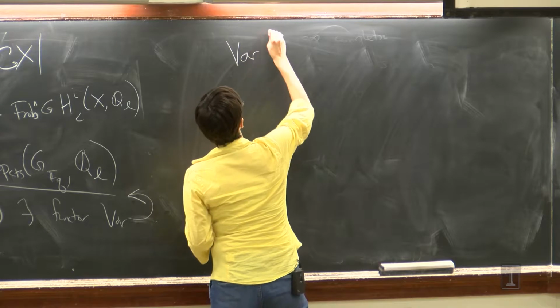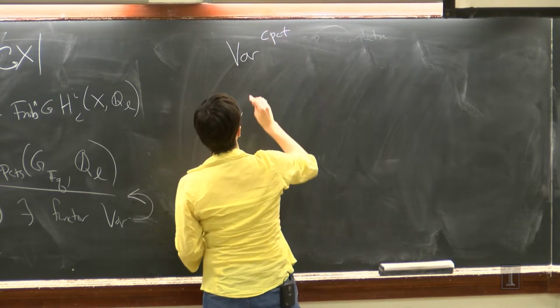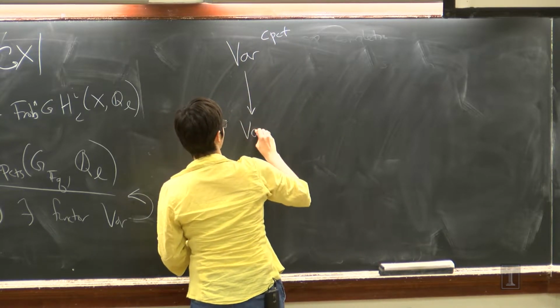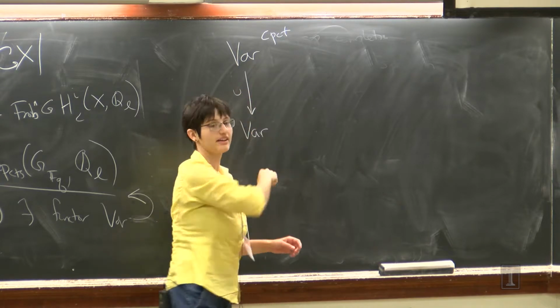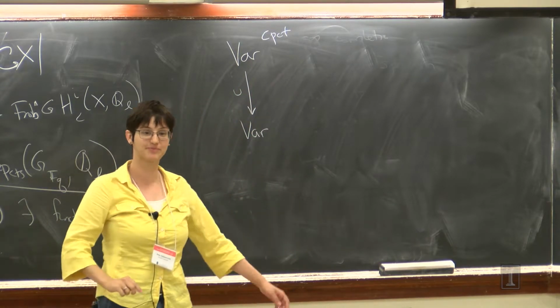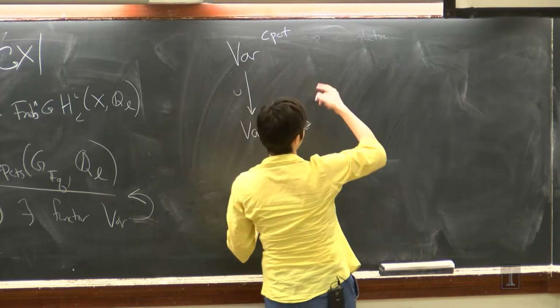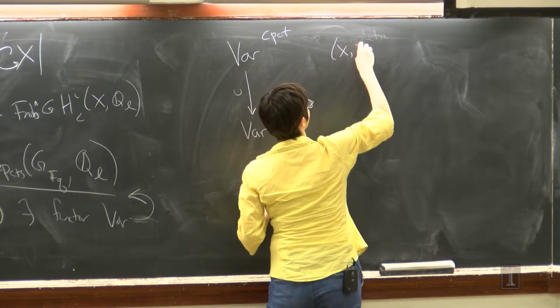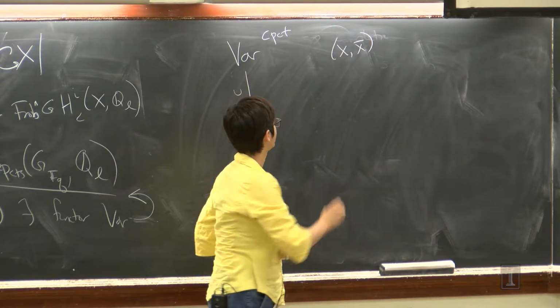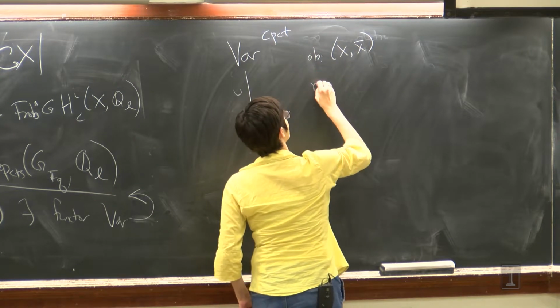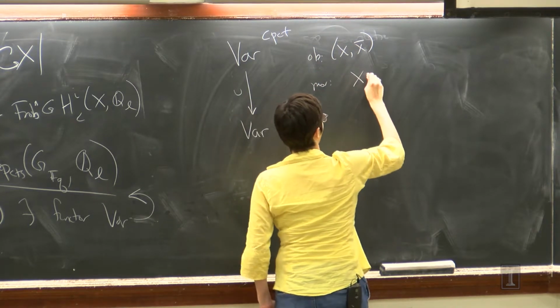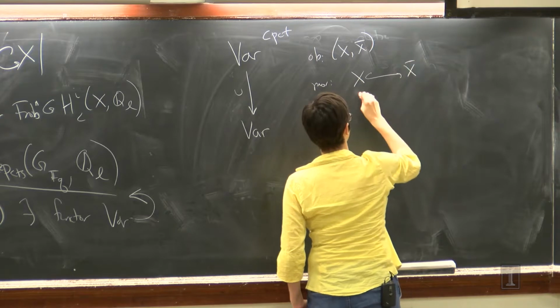So we define this other helper category, varieties with a choice of compactification, and we can forget the compactification to get down to varieties. The objects in here are obviously pairs of a variety and a compactification, and the morphisms are just commutative squares that commute with this.